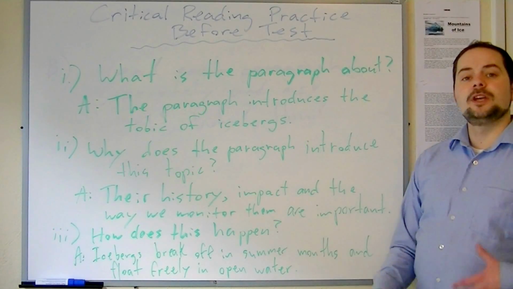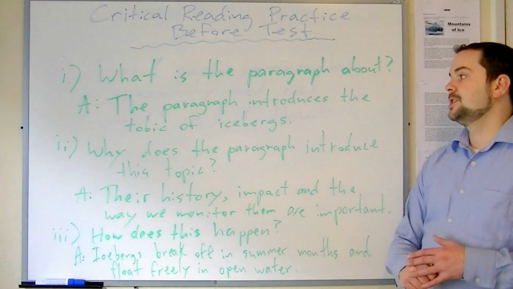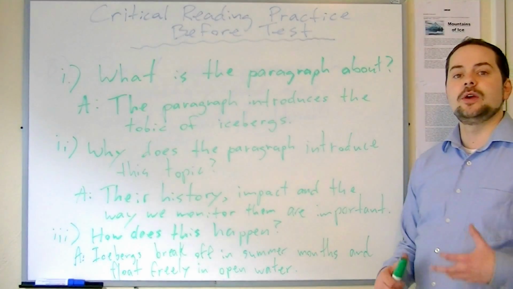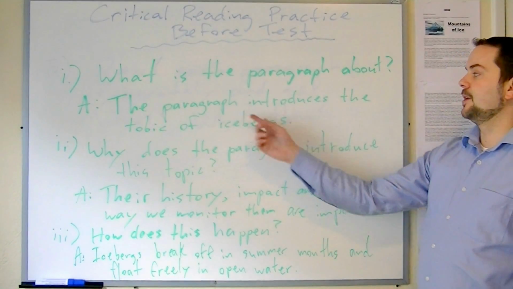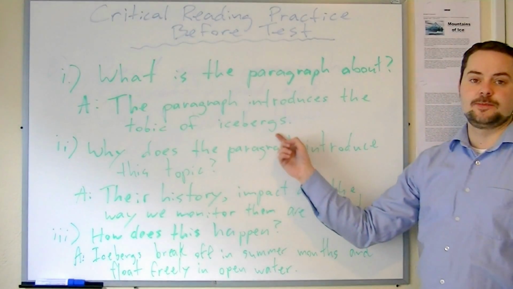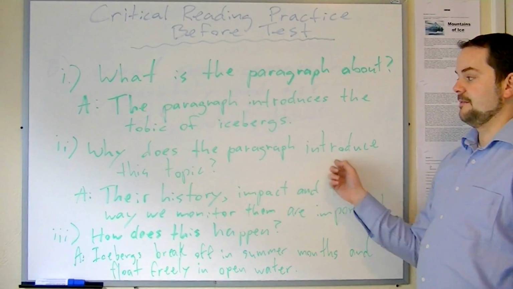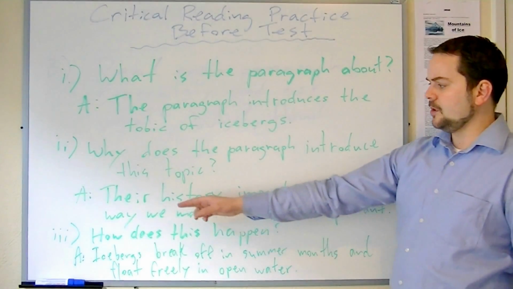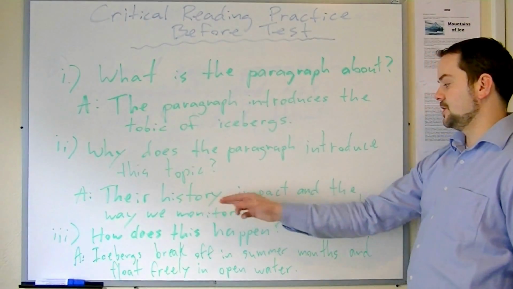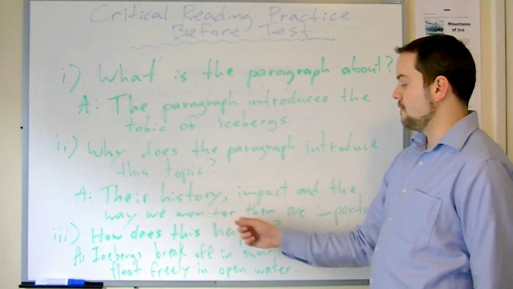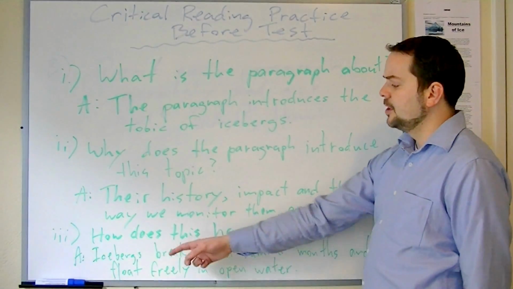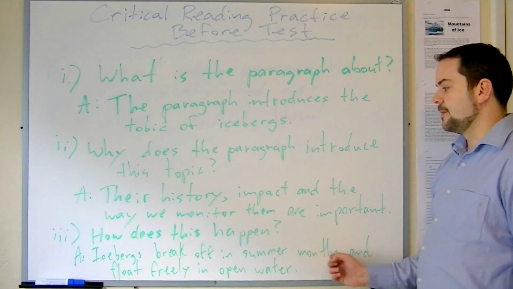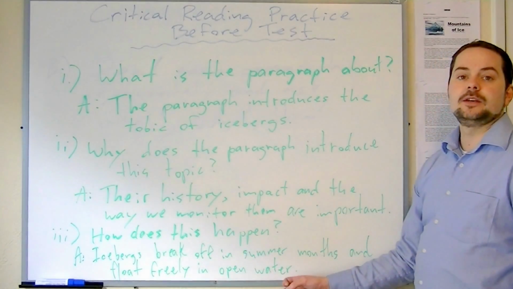All right, so make sure to go back, review your questions and answers just to make sure that you have the right idea. So what is the paragraph about? The paragraph introduces the topic of icebergs. Why does the paragraph introduce this topic? Well, because their history, impact, and the way we monitor them are important. How does this happen? Well, icebergs break off in the summer months and float freely in open water.